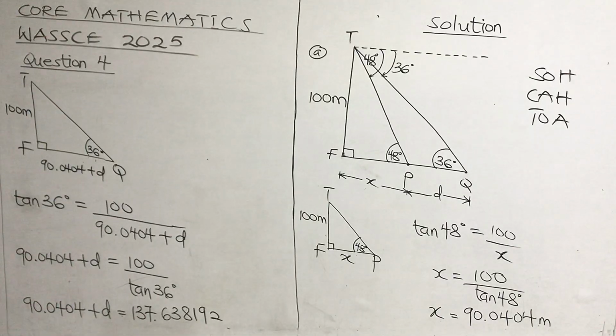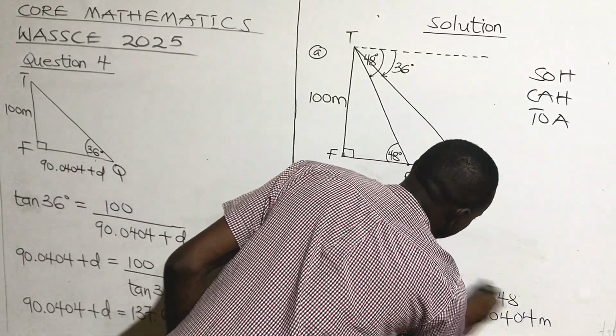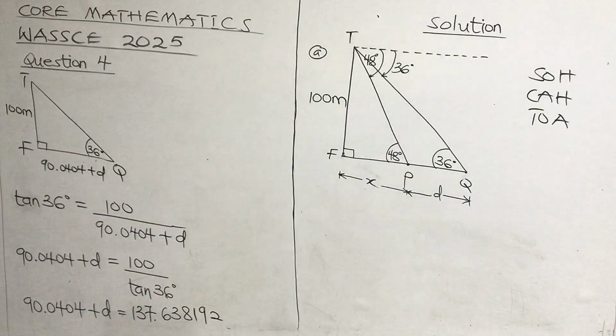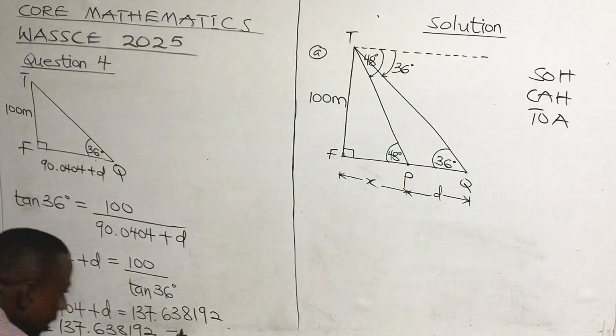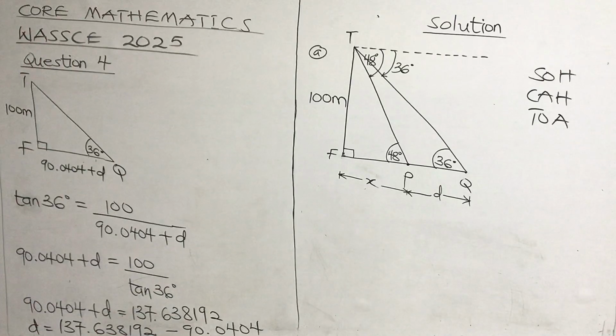So from here, we are going to make d the subject. So from here, I have d to be equal to 137.638192 minus 90.0404.